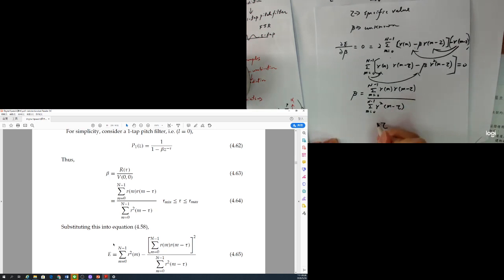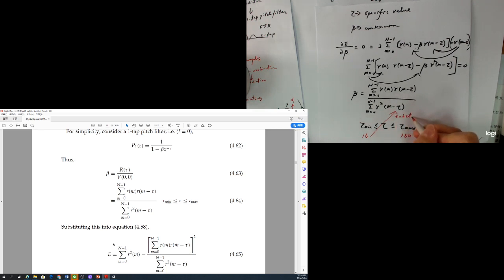Suppose we have a tau minimum and a tau maximum. Here the minimum is 16, 160 samples. We can substitute the different values inside this equation, so you can find the best beta.